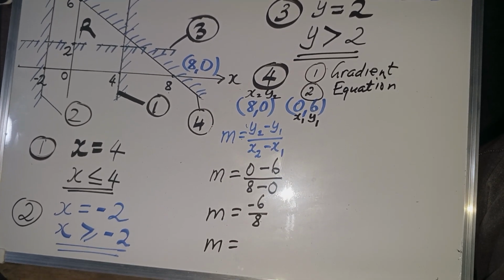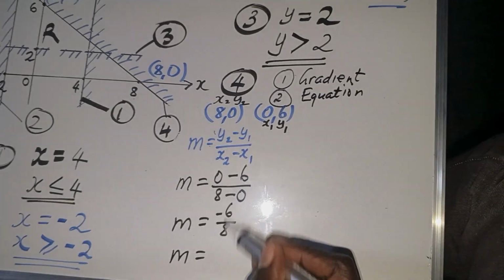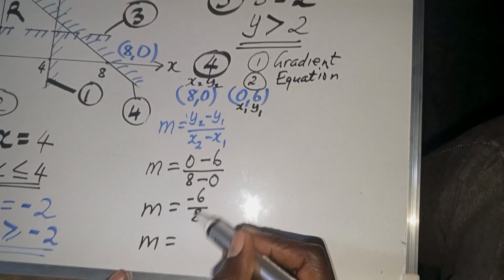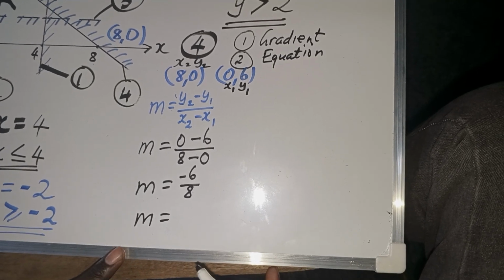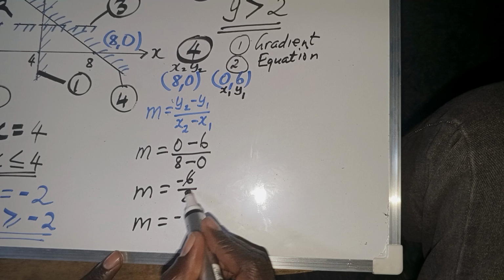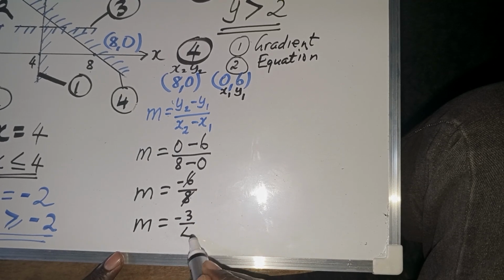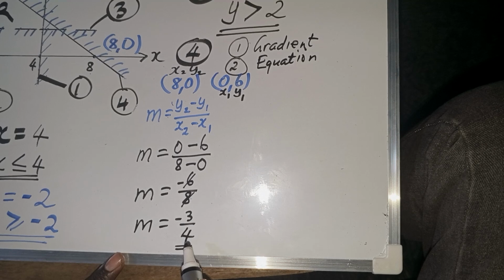Remember what I told you, if you have an improper fraction like that, you can just reduce it to its lowest form. That is what you need to do. So 2 into 6 is 3, then 2 into 8 is 4. Therefore, our gradient is negative 3 over 4.